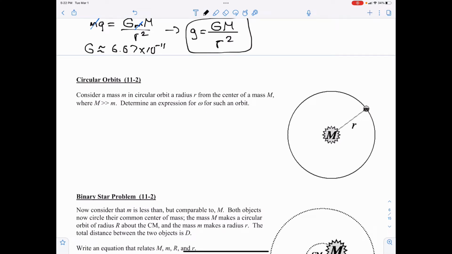Circular orbits. Consider a mass m in a circular orbit of radius r from the center of mass M, where the mass of the center is so much greater than the mass of the object orbiting. Determine an expression for omega for such an orbit, and omega would relate to your angular velocity.